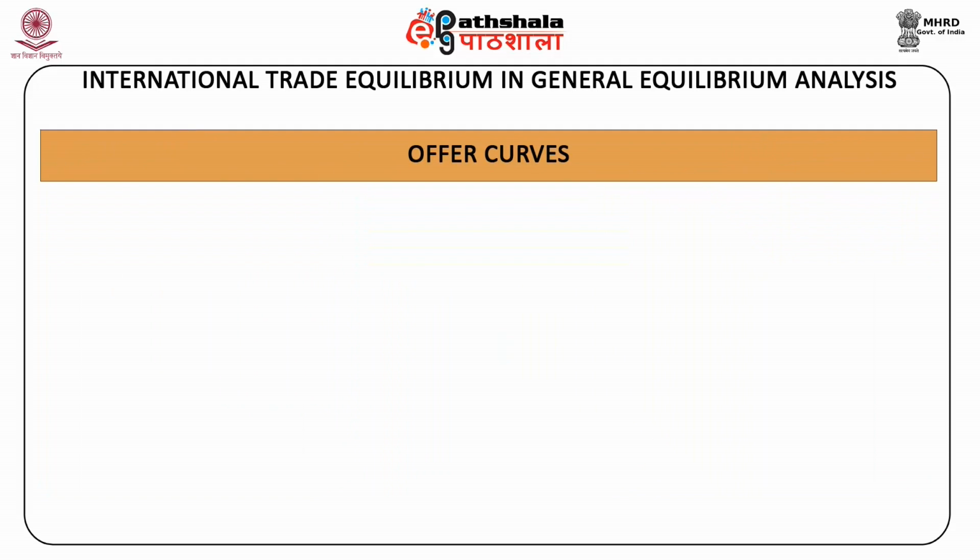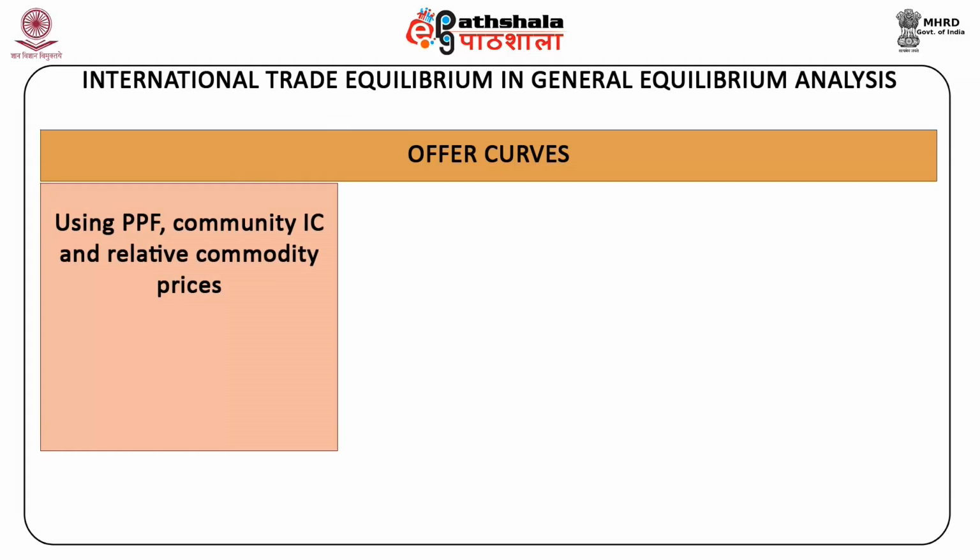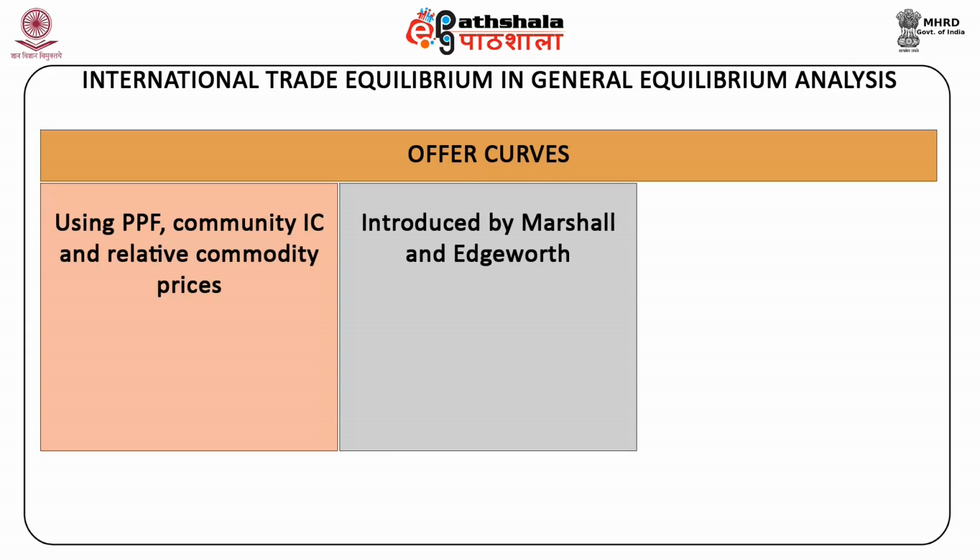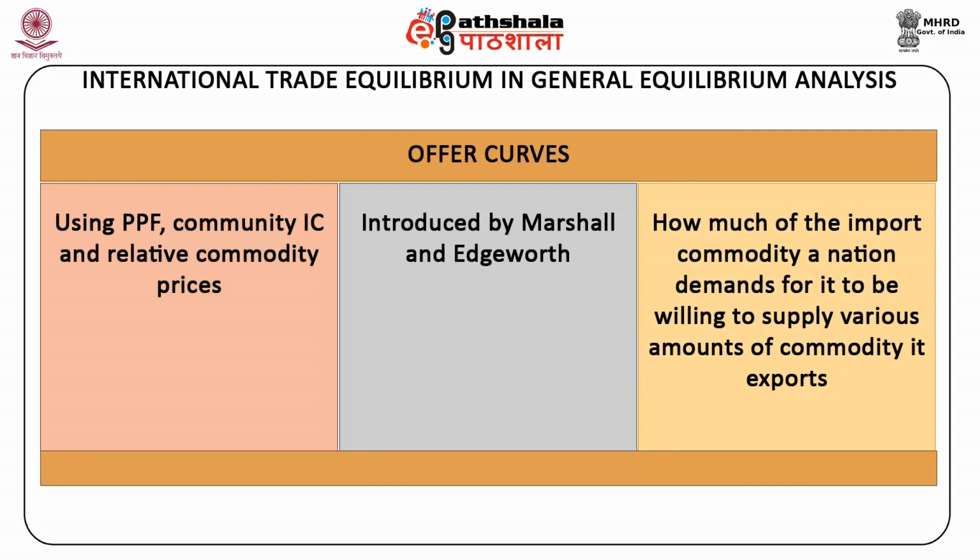The offer curves are derived using the production possibilities frontier, community indifference curve, and relative commodity prices. The offer curves were introduced by Marshall and Edgeworth in the field of international economics. The offer curve of a nation indicates how much of the import commodity a nation demands for it to be willing to supply various amounts of the commodity it exports.